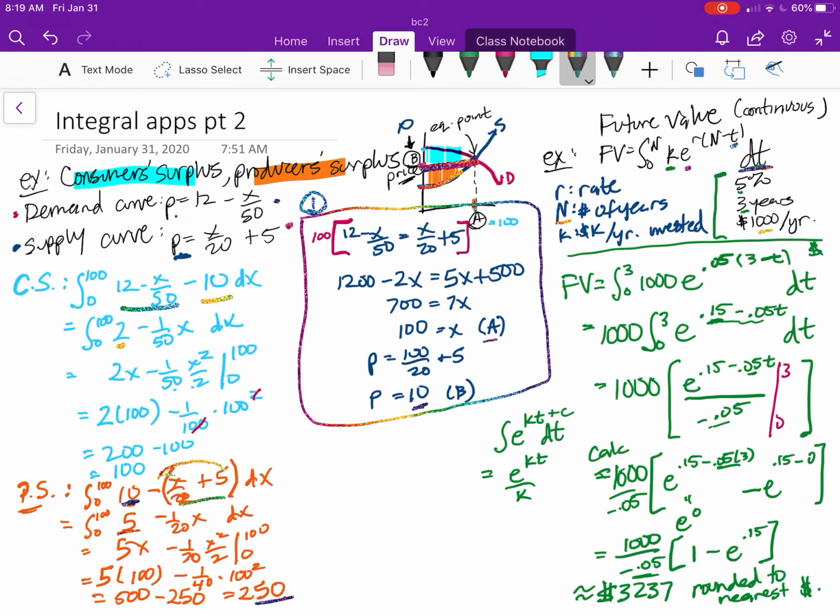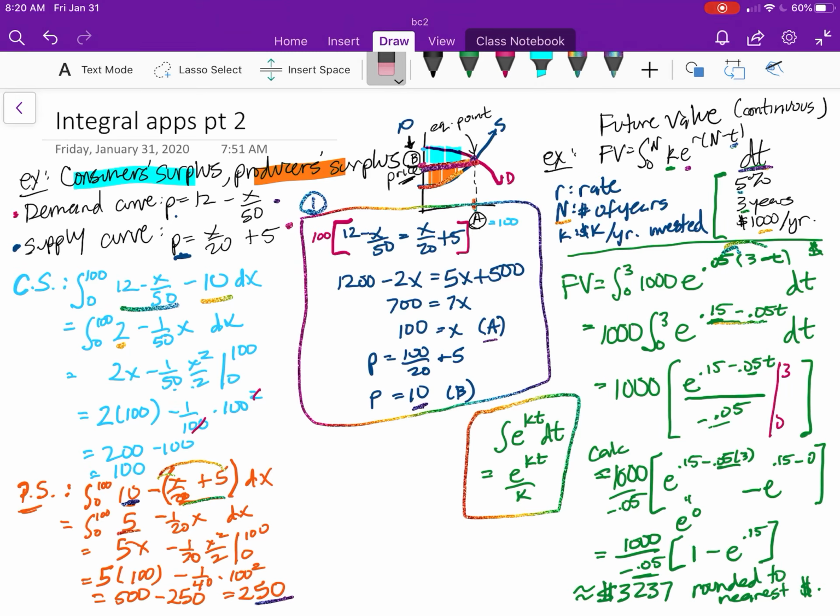So substituting all those values in, then I distributed the 0.05 right here. They kind of work around how to integrate this, so I explain it over here to the left. You've learned e to the kt, so let me erase this plus c really quick.